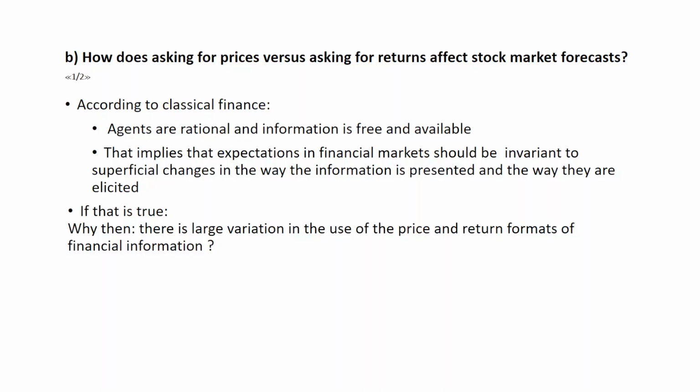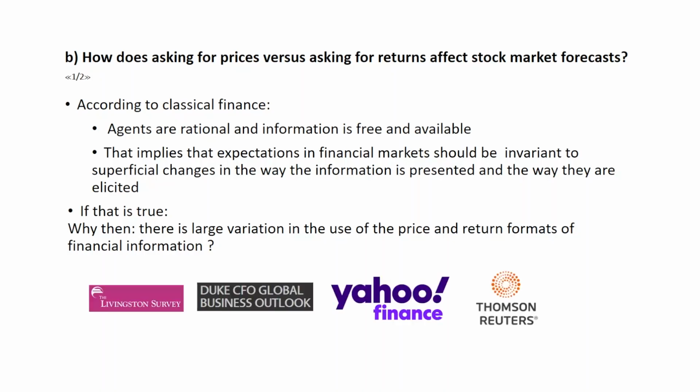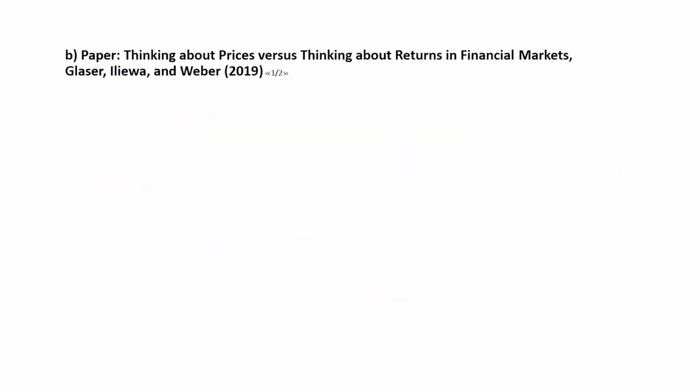Why does, for instance, Yahoo Finance have a different way of presenting the performance of stocks than Thomson Reuters or other kinds of studies that are trying to expect the prices of stocks? This is what Glaser, Iliewa, and Weber tried to understand in their paper in 2019.